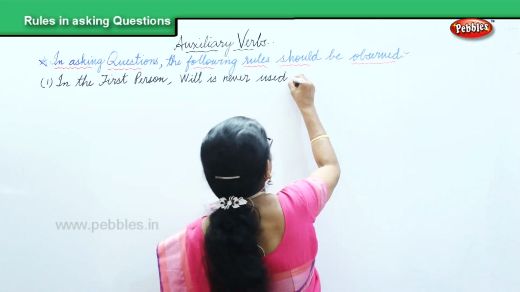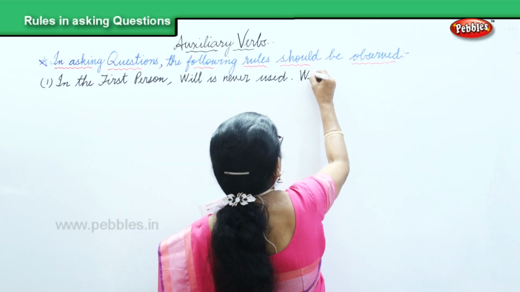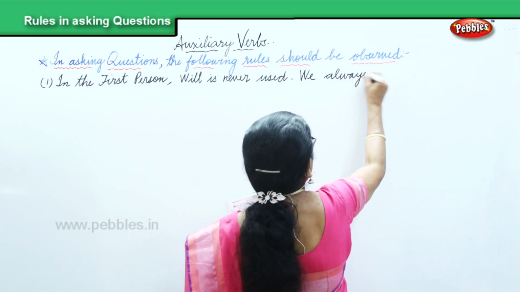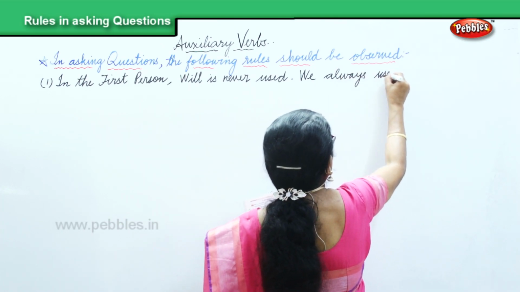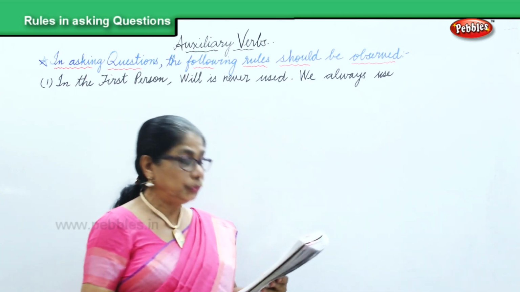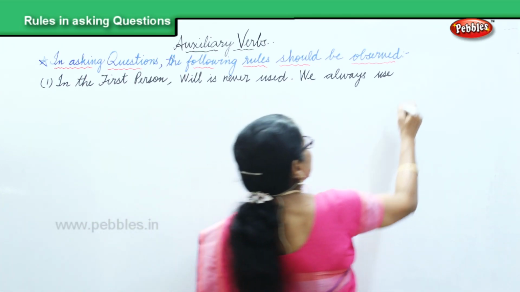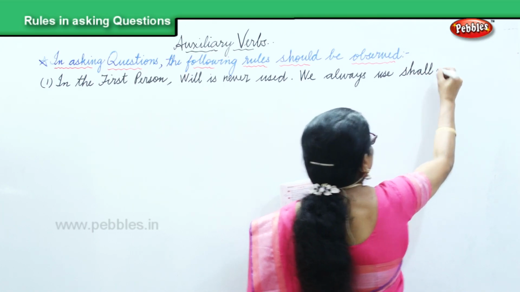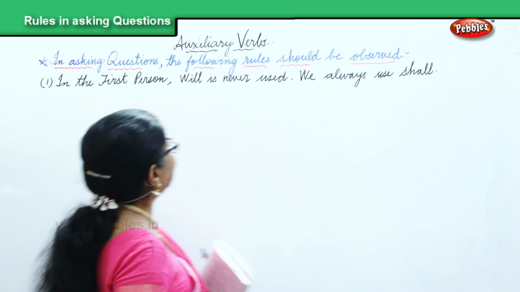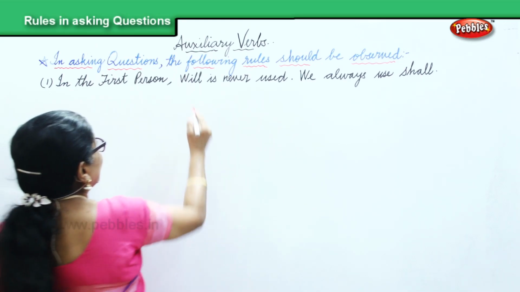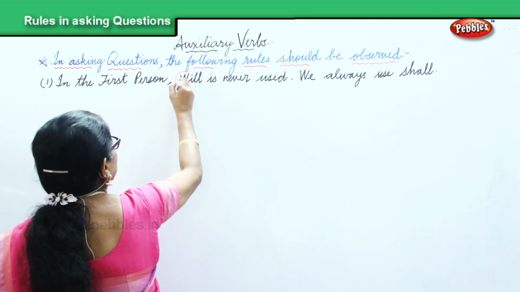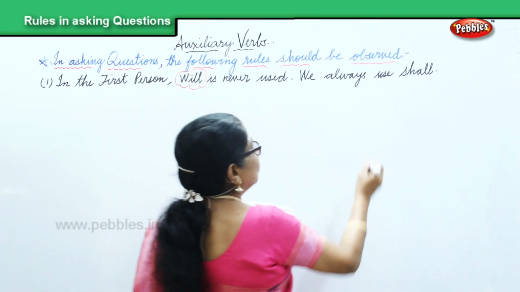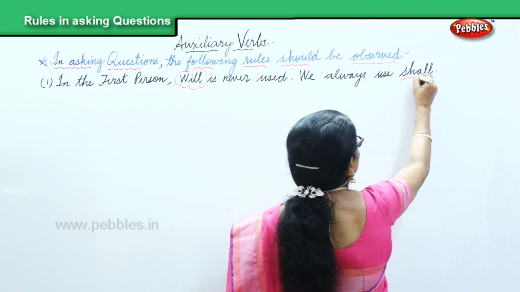We always use shall. Okay? So, in the first person, will is never used. We always use shall.